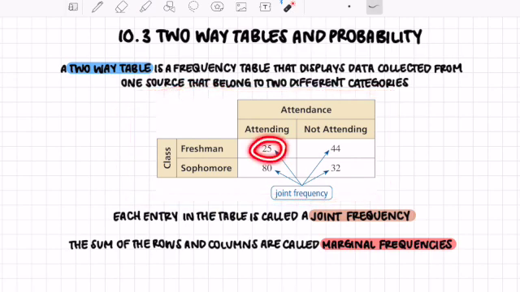And over here, the 25, 80, 44, and 32 is called the joint frequency, which is the data that has been collected.